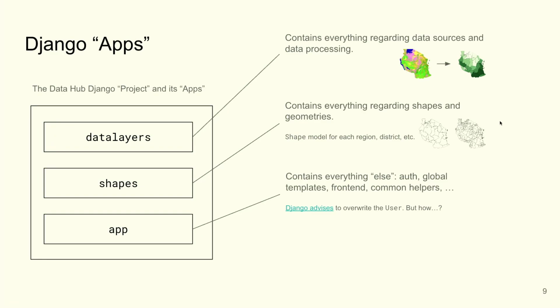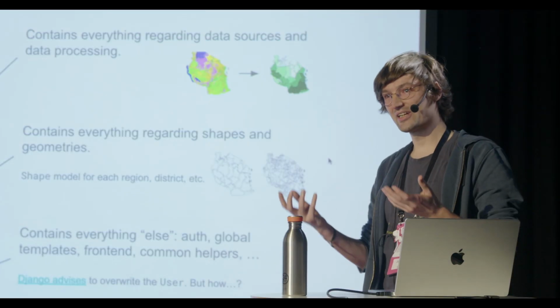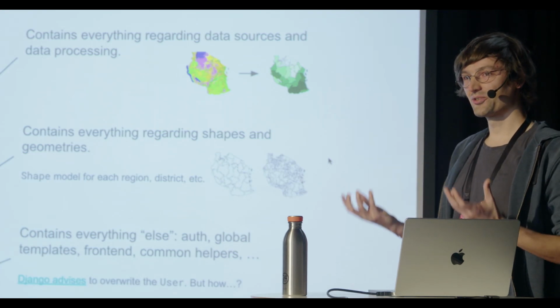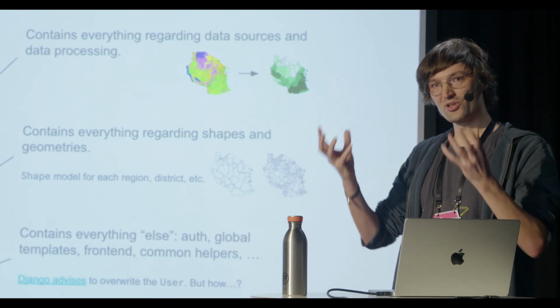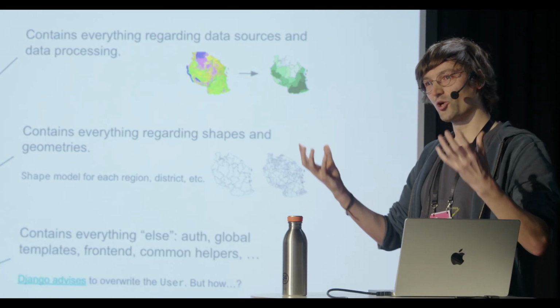And then last, I have an app which is called app, because I wasn't really sure how to solve the problem of having global stuff, template stuff, user authentication. Where should all this stuff go? Because then everything has a singular modular scope. Where should global stuff go?